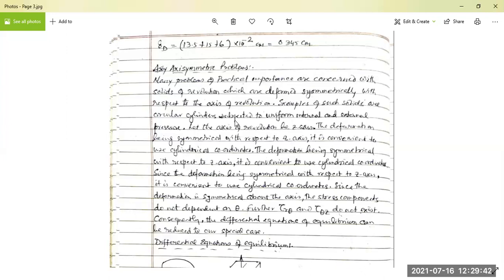Now, let the axis of revolution be the z-axis. We have discussed that we will go through the polar coordinate system here, in the case of this axisymmetric surface. So far we have discussed the rectangular or Cartesian coordinate system.